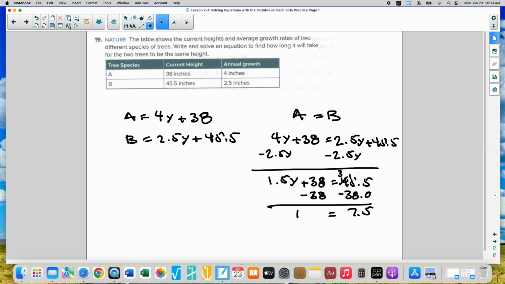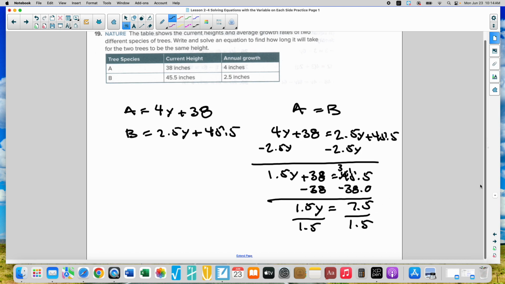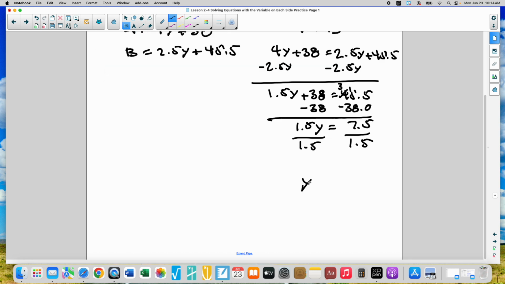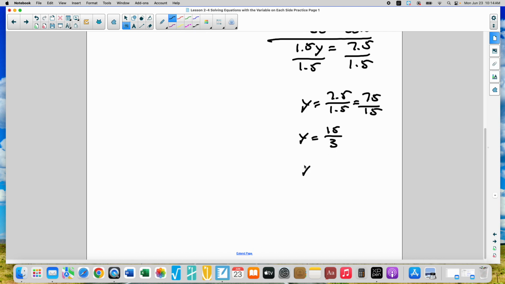Let's try that again. 1.5y equals 7.5. We're going to divide by 1.5, divide by 1.5, and that gives us y equals 7.5 over 1.5. We're going to move the decimal points to get rid of that decimal, and now we can start simplifying it by 5. So 5 goes into 75 15 times, 5 goes into 15 3 times, and then 15 over 3 equals 5.